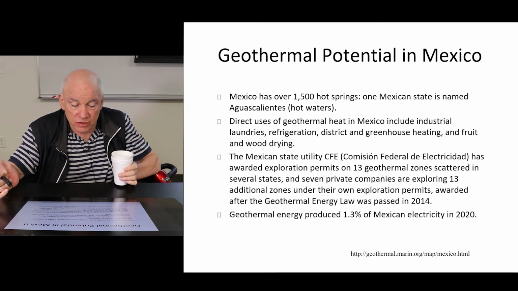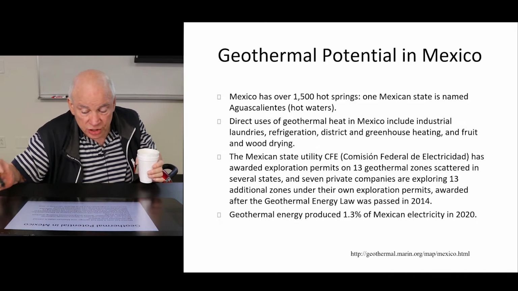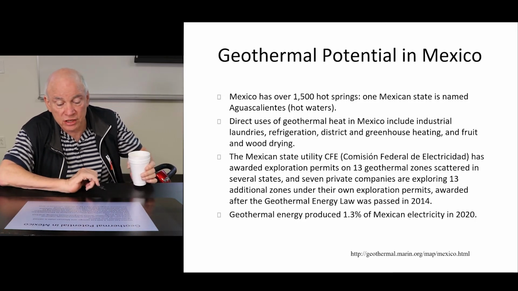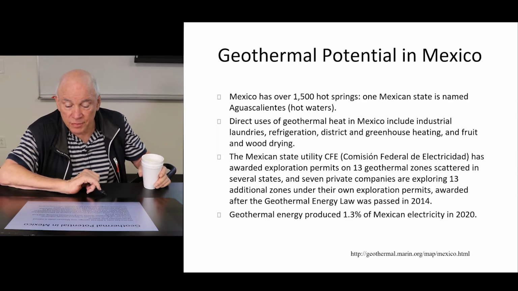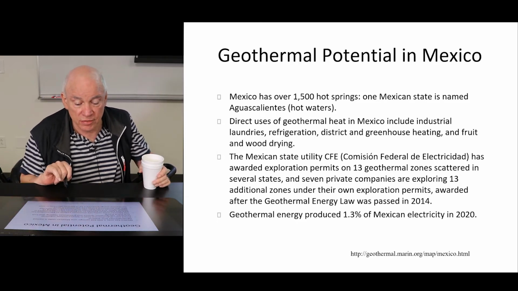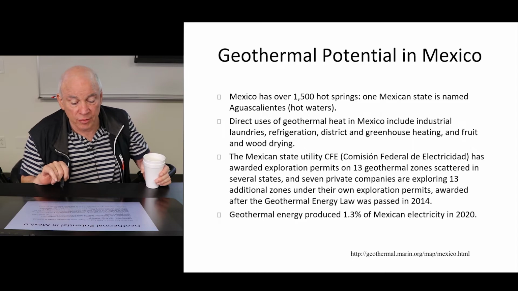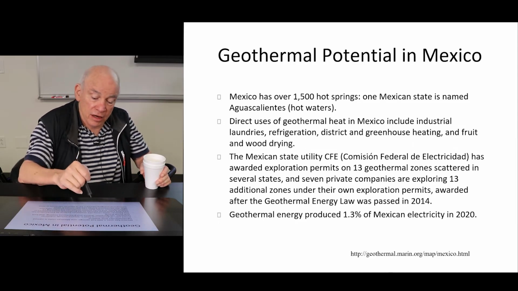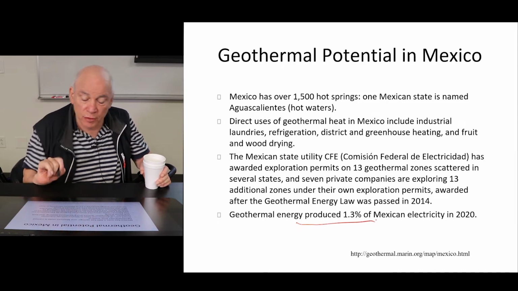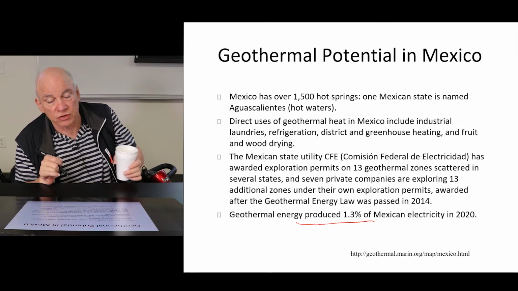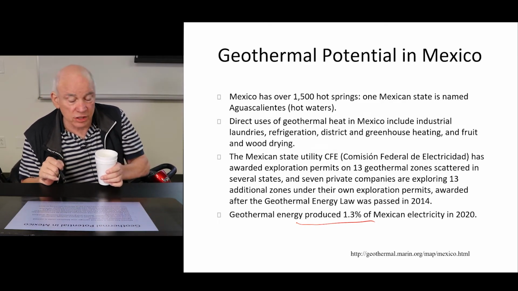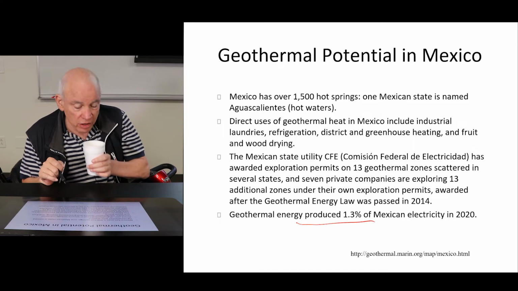And the Mexican state utility has awarded exploration permits on 13 geothermal zones scattered in several states, and 7 private companies are exploring these additional zones under their own permits. And geothermal energy produced 1.3% of Mexican electricity in 2020. Not a lot, but it's definitely moving in the direction we want to go.